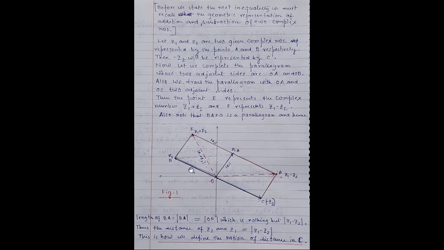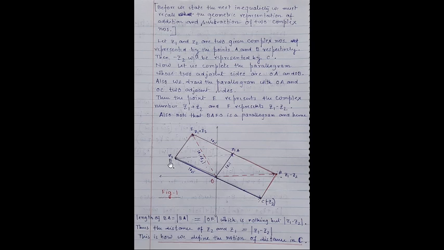Well, it's a bit of a clumsy picture, but I request you to kindly enlarge it and see it, because this picture says a lot of things. Suppose we start with two complex numbers, z1 and z2, and let's plot them as points on the plane. Suppose this A is your z1 and B is your z2, plotted on the plane as points.